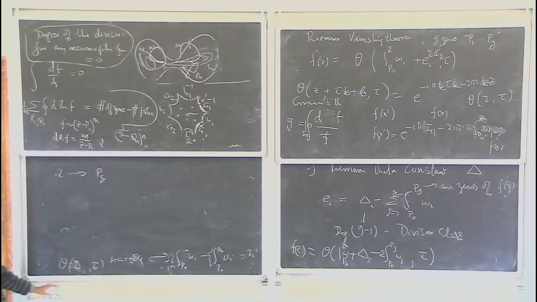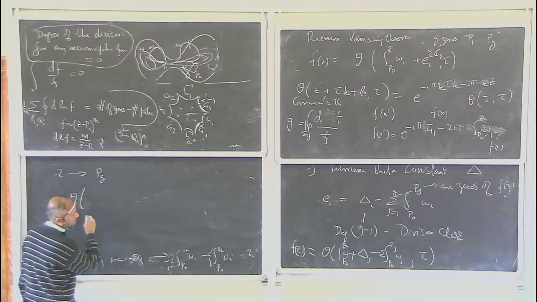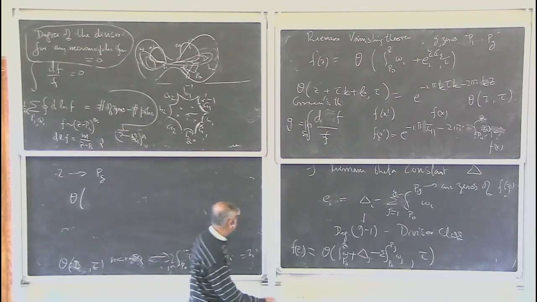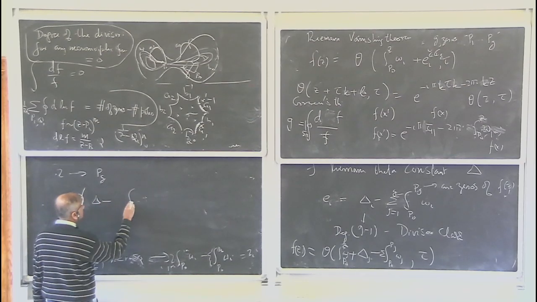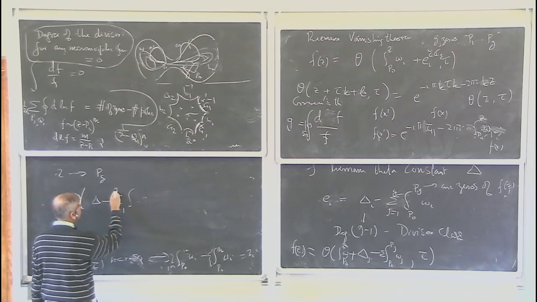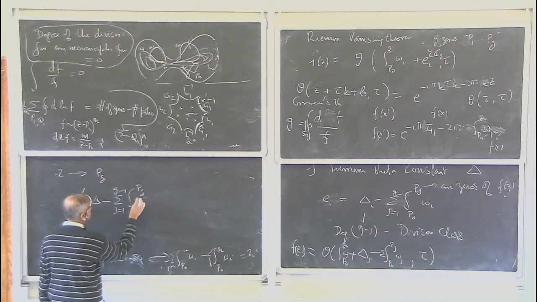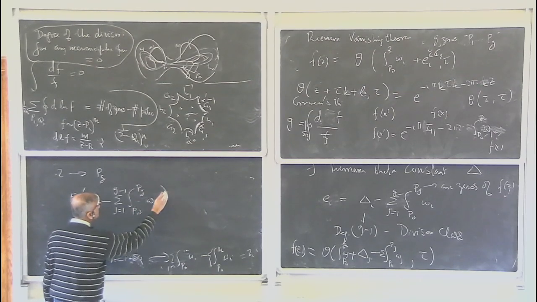Then what do we get here? We get theta of... z goes to pg, that term cancels, and you are left with simply theta of delta minus the sum over j going from 1 to g minus 1 of the integral from p naught to pj. This is 0.